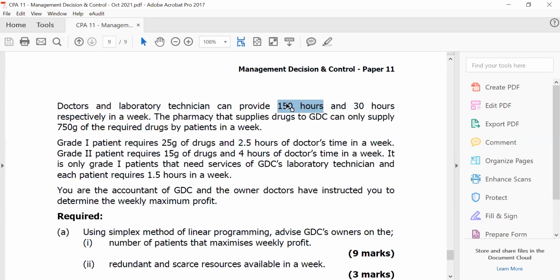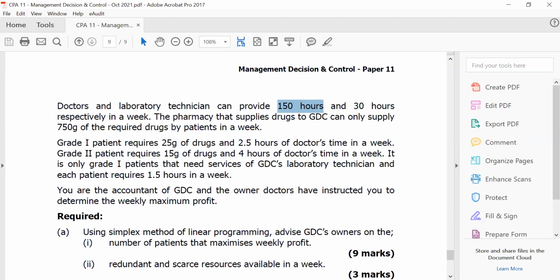So what we are going to do is take what each patient requires in hours under grade 1, which is 2.5, and our set time was X, plus what we need for the doctor on grade 2, which is 4Y. This should fit within the number of hours that are available for the doctors.